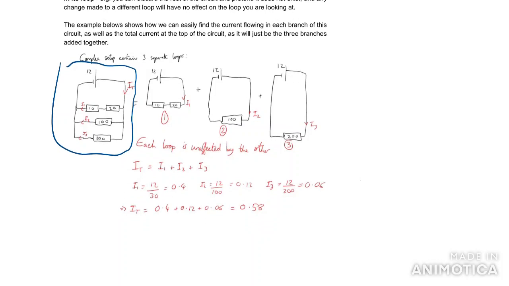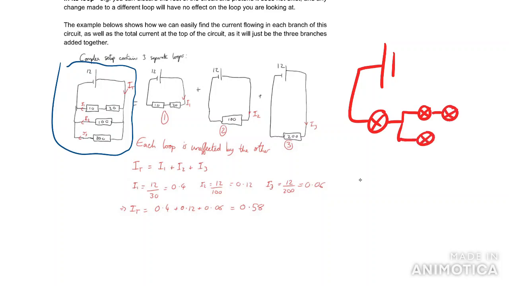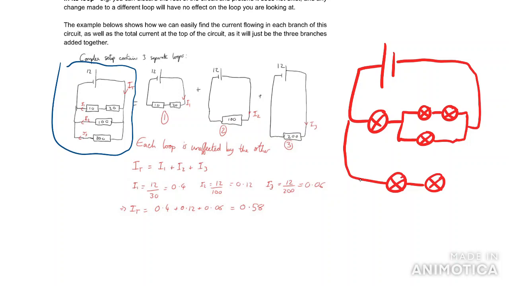And it also can be helpful for questions involving bulbs, for example. Let's say I've got a setup like this. And they want to know what happens to this bulb if this bulb breaks.